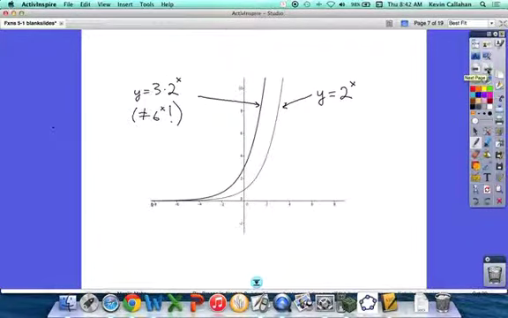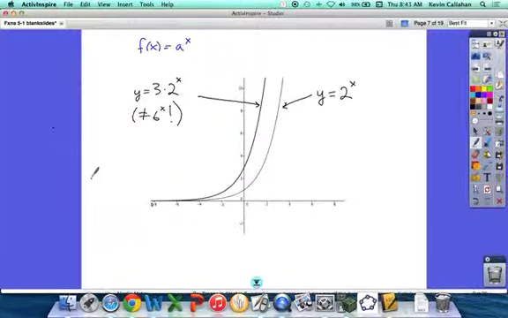And another thing to look at is what happens if you multiply by a number. And this is, last year, if you got any of this in Algebra 2, I'll tell you that in Algebra 2, the textbook that we used, they didn't use the same f of x equals a to the x for exponential.